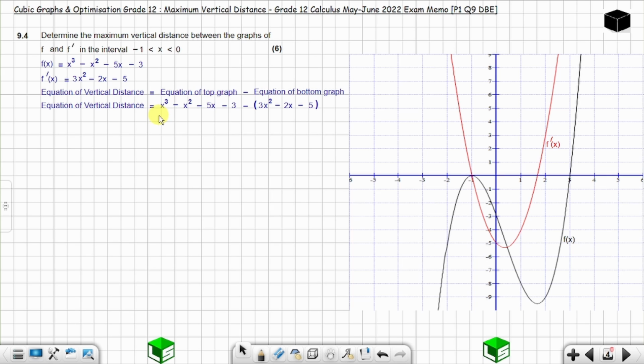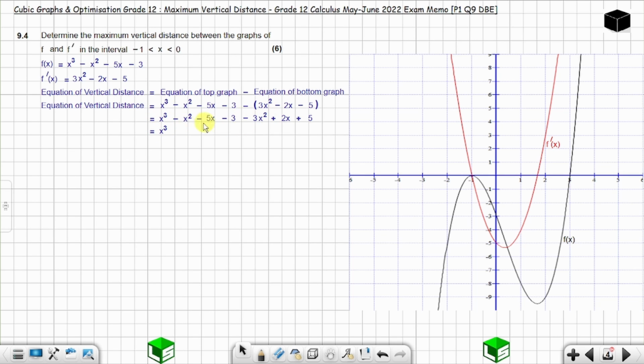So this is equal to x cubed minus x squared minus 5x minus 3 minus 3x squared plus 2x plus 5, right? Because you have a negative there. So you have your like terms: x cubed.